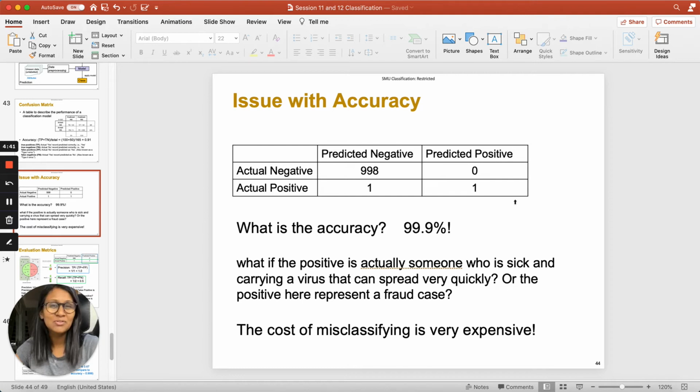Let's take an example of a situation where there was a person who was infected with the virus, and actually the person was infected, but my model predicted that the person is not infected. This is a situation of a false negative. Even though the answer was yes, my model predicted it to be no, and that can have very serious consequences, as we have recently seen in the case of COVID-19.